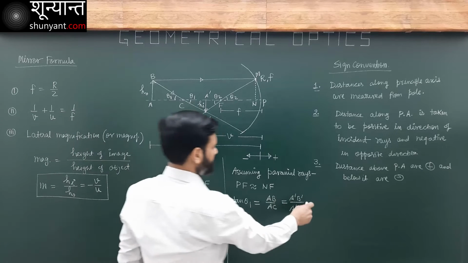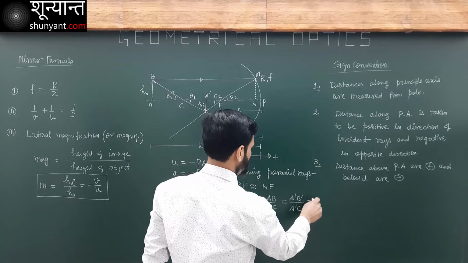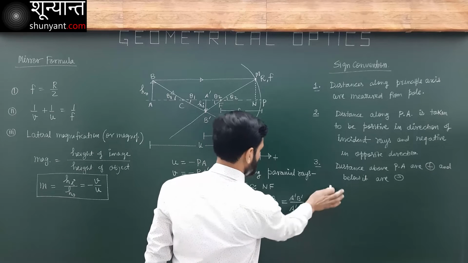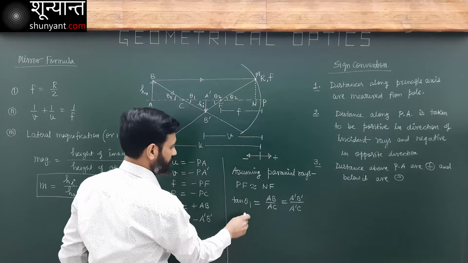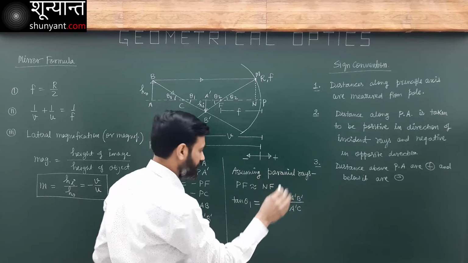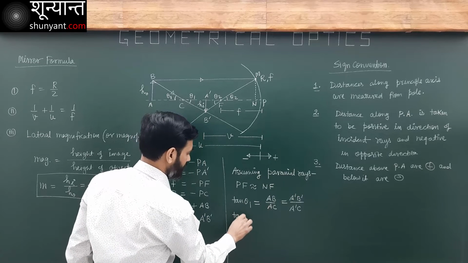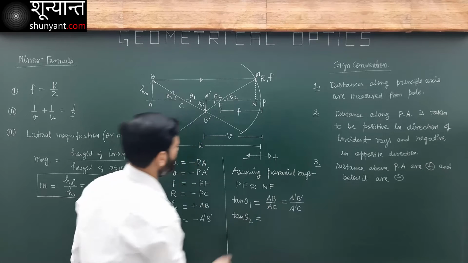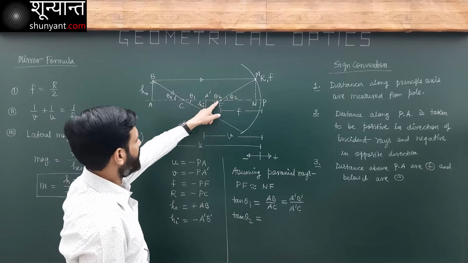Let me write tan theta 2. This is theta 2. What will be tan theta 2?